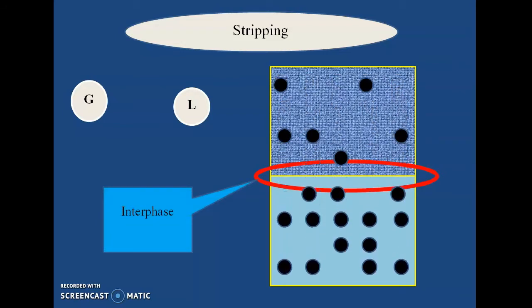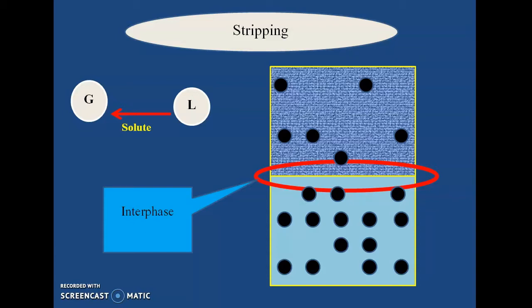So in the previous section we have seen how absorption happens from gas phase to liquid phase, and here the solute is getting transferred from liquid to gas phase. So this is called stripping operation.